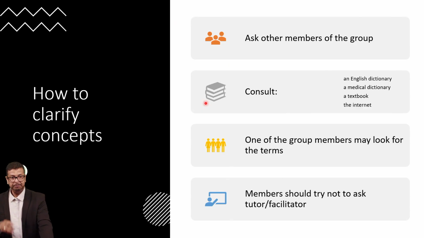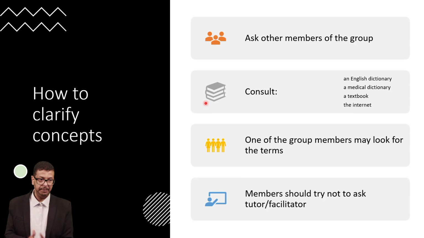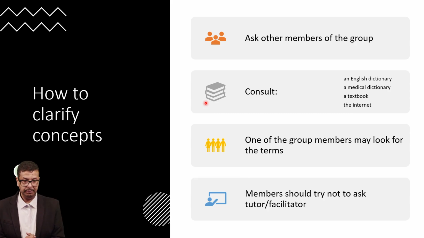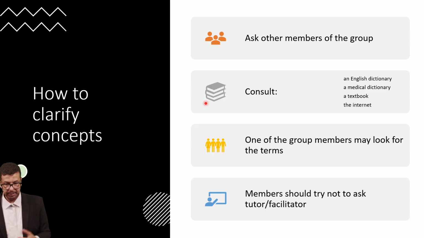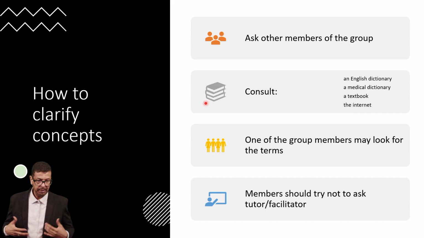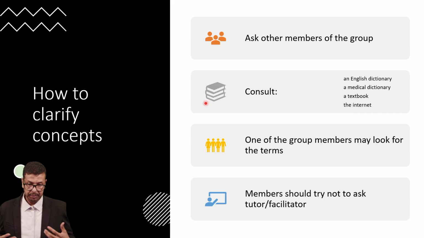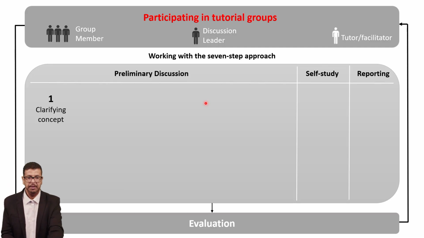What to do with them? You ask your colleagues. You can open the dictionary, textbook, or internet, and one of the group members looks for the terms, and then the members try to learn the term by themselves, but not by asking the tutor.